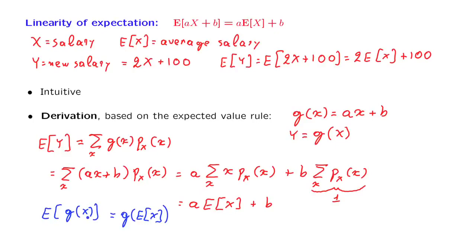The expected value of a linear function is the same linear function applied to the expected value. But this is an exceptional case. This does not happen in general. It's an exceptional function g that makes this happen. This property is true for linear functions, but for nonlinear functions it is generally false.